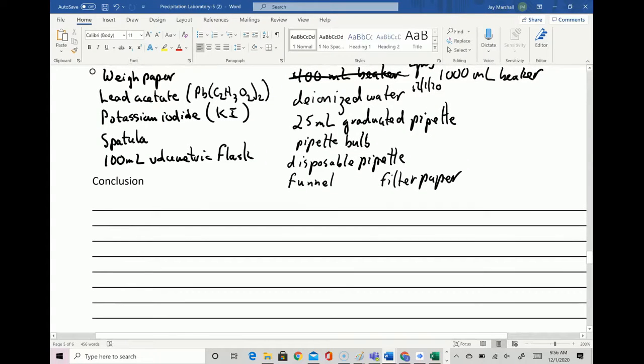Okay, so what did we do? This is what I did. What's the title say that we did? We determined the percent yield of a precipitation reaction.